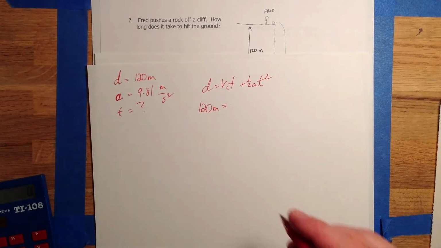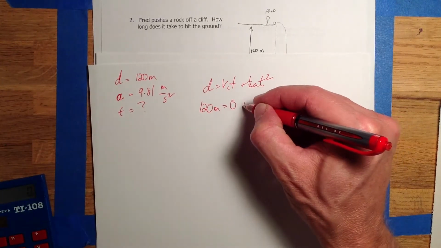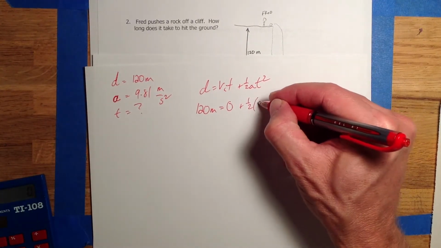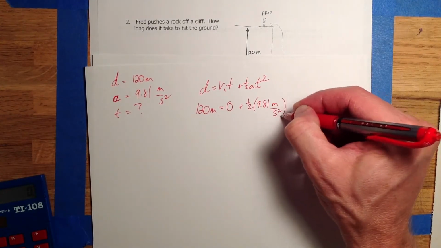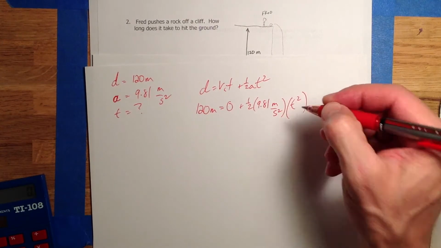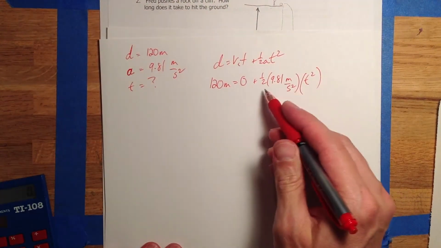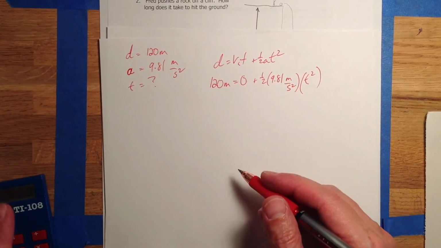VI, initial velocity in that downward falling direction, is 0. That's nice. Plus 1/2 acceleration due to gravity, 9.81 meters per second squared, and the time is what we're after, t squared. So do 1/2 times this, and then bring it over to this side.